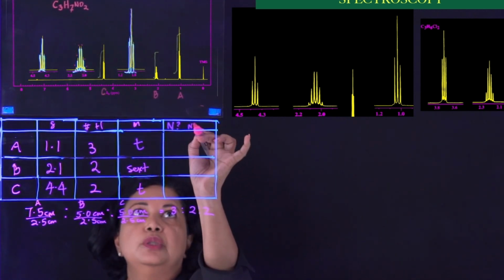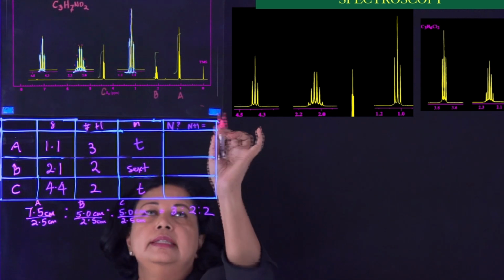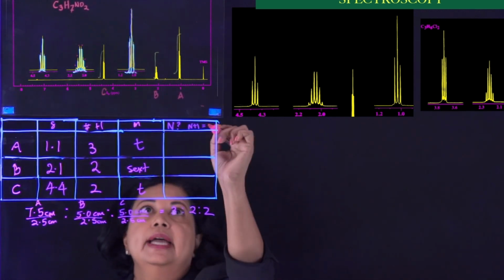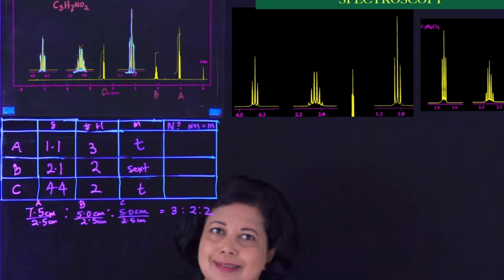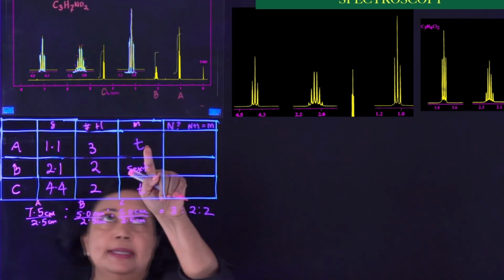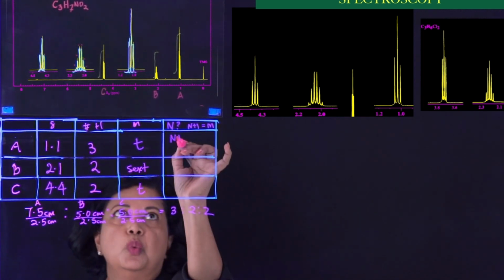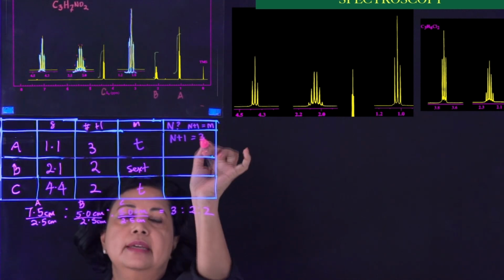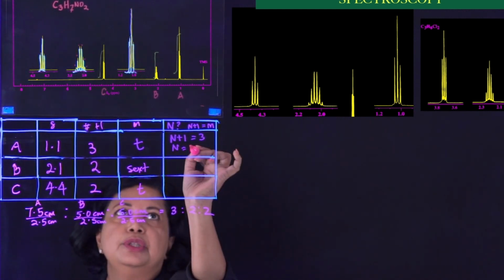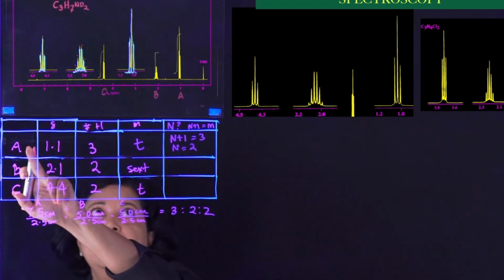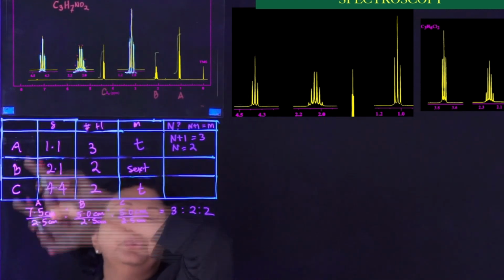So the n plus 1 rule tells you the splitting. Let's call that multiplicity. So for a triplet, n plus 1 is 3, and so n is 2. So this A hydrogen here has 2 neighbors.